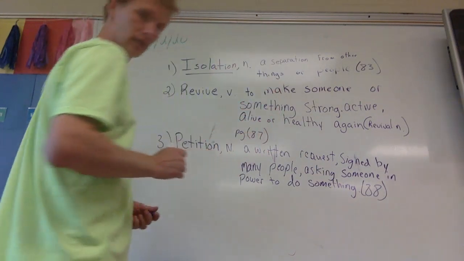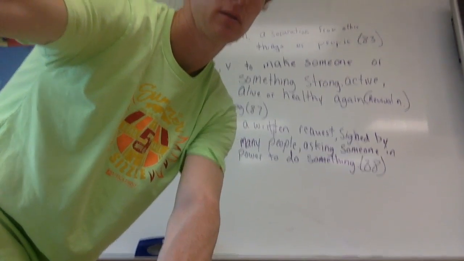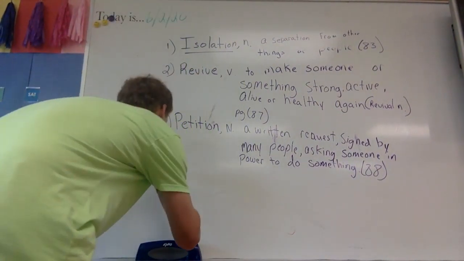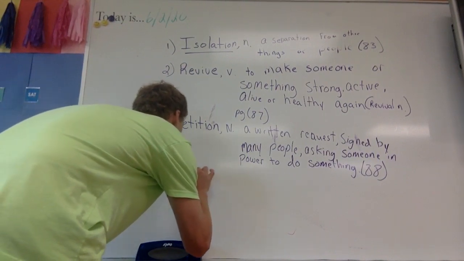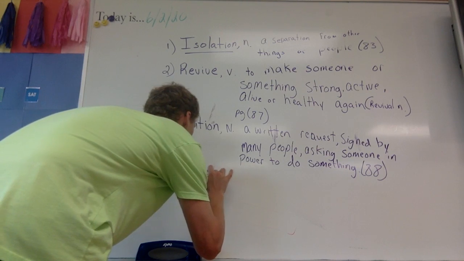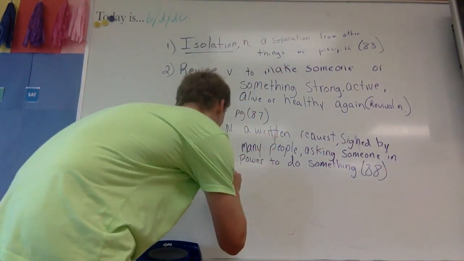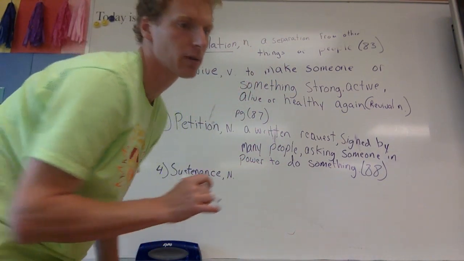And number 4 is sustenance. That is a N. That's a noun, a person, place, or thing.